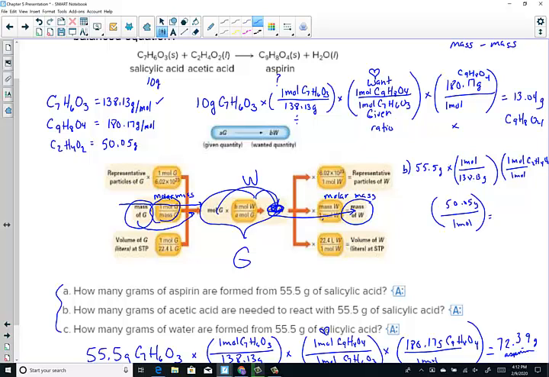Divide by the molar mass of 138.13. The mole ratio is 1 over 1. We'll multiply by 50.05, the molar mass of acetic acid. And I found 20.15 grams of C2H4O2.